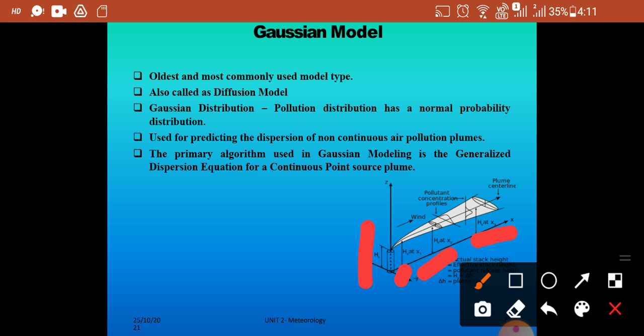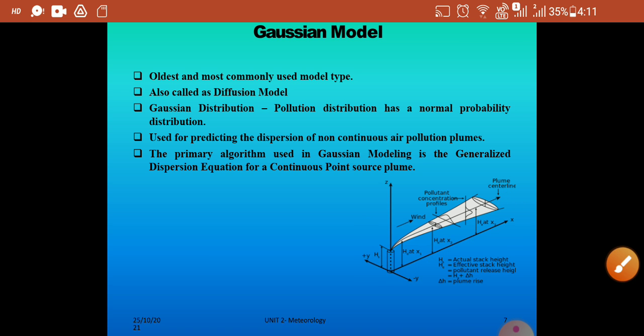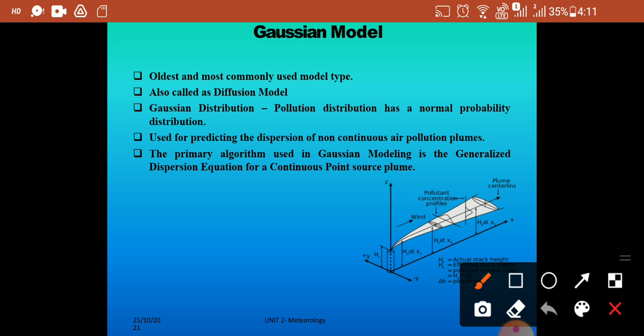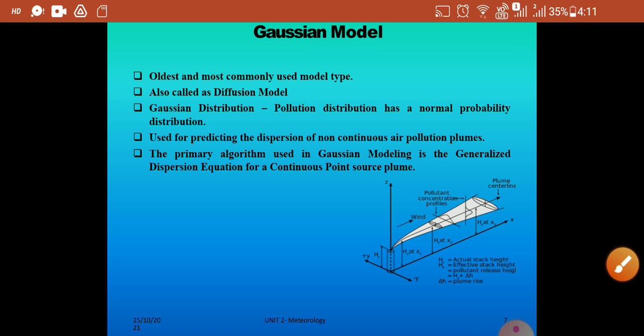This one represents the wind plume. This arrow mark indicates the plume central line, and at each profile the pollutant concentration profiles are indicated at points x1, x2 and x3. This is the primary algorithm used in Gaussian modeling, the generalized dispersion equation for a continuous point source plume.